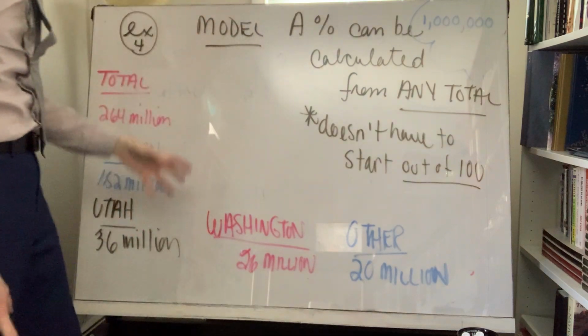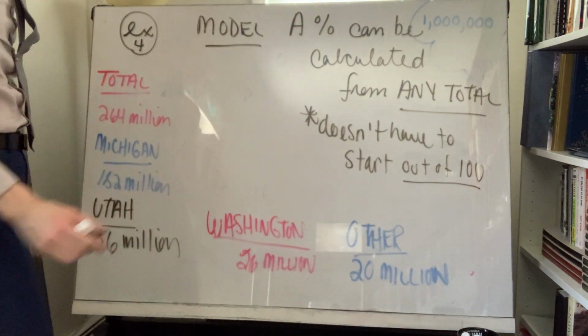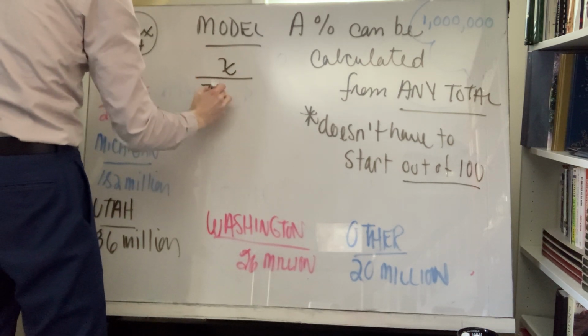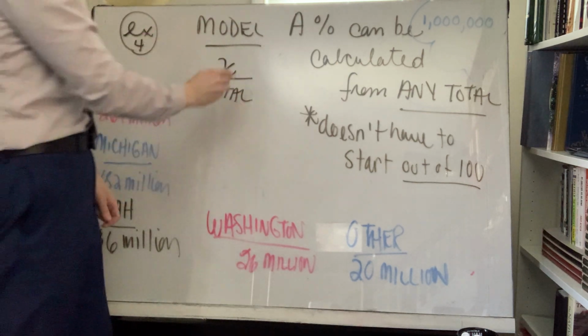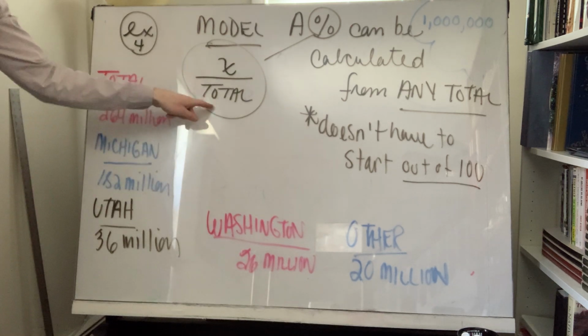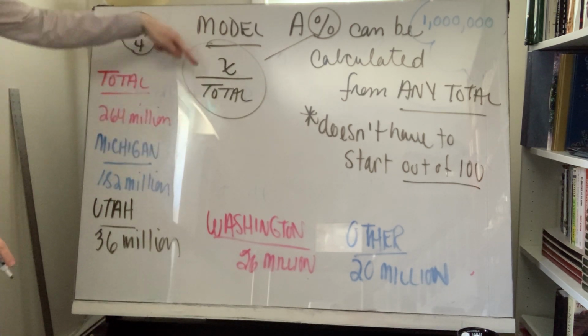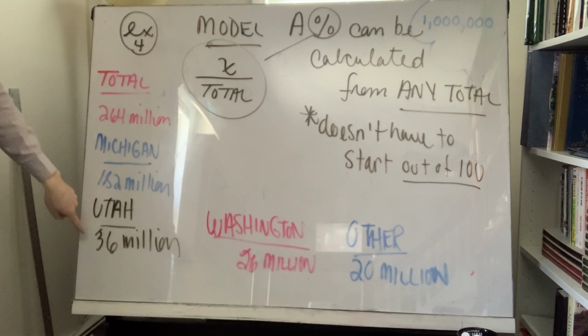Anyhow, the model that you want to employ is basically this: whatever this quantity is over the total is going to basically be a percentage. Regardless of what this number is, as long as it is in fact the total. Regardless of whatever this unique figure is, 182, 36, 26, or 20.